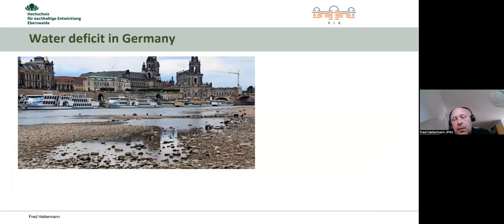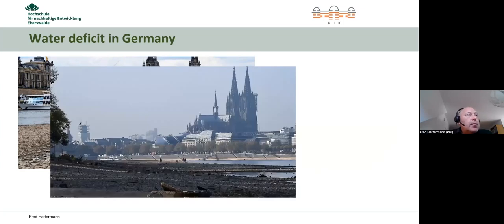And looking now at regional scales, I take here the example of Germany. This is Elbe River Basin in 2018, and it was the same in 2019. This year, the year before, we have a consecutive drought of almost 5 years now. This is what we call low water on the Rhine, the Rhine River at Cologne.